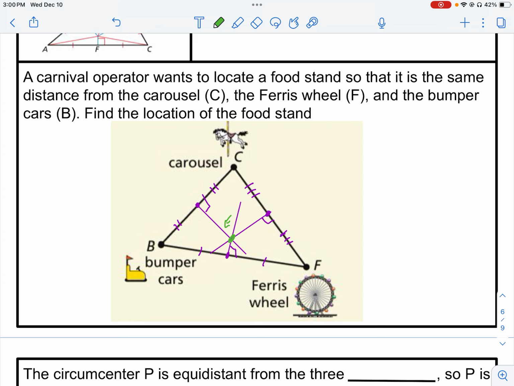And that is where the smell is going to get to each and every ride equally and bring us the most money. So we find the midpoints, we find the perpendicular lines, and we remember that for perpendicular lines, we take the reciprocal of the slope of the original line, and change the sign.